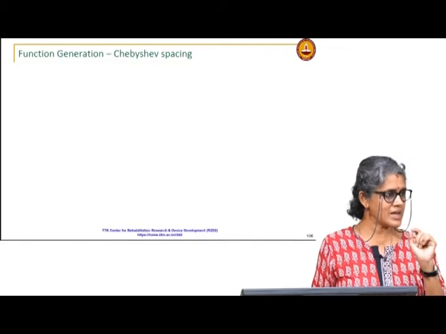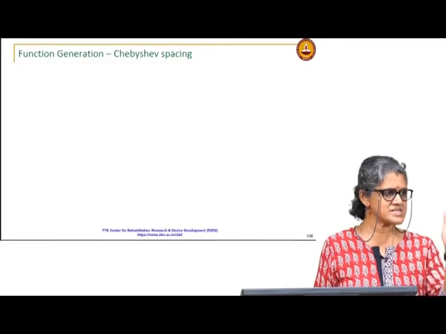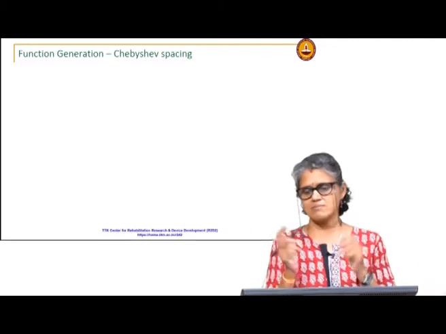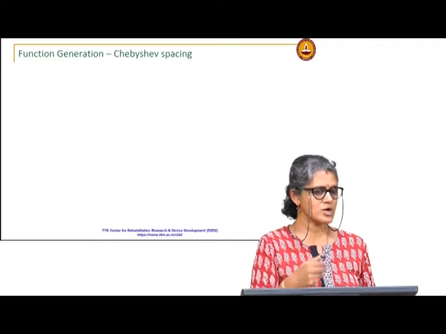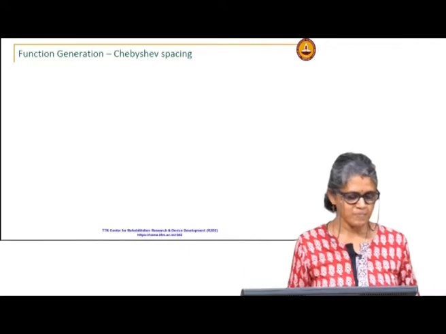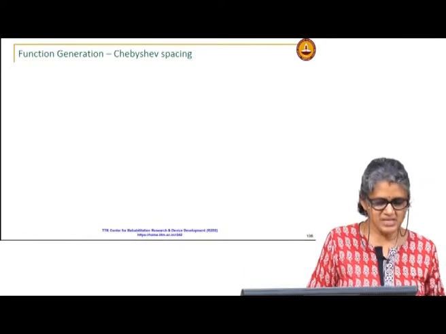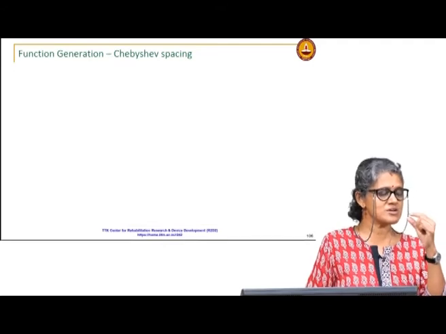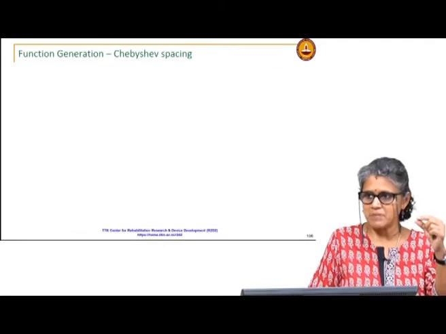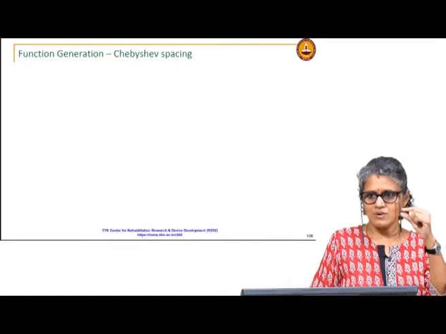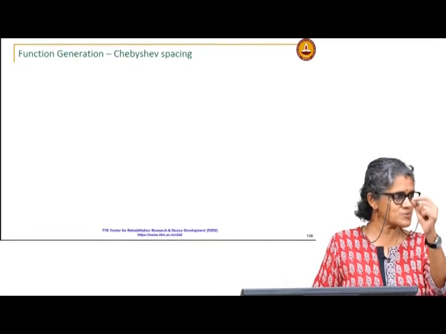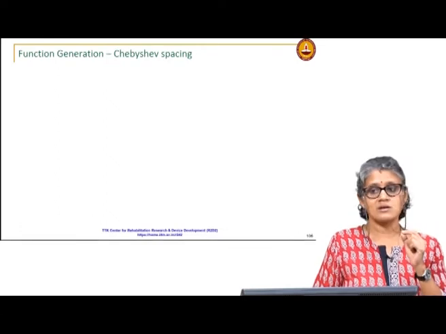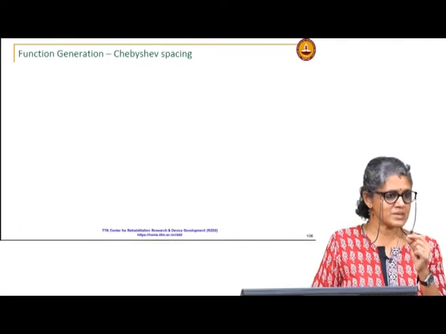In the case of path generation, your structural error may be defined differently. Function generation, it is easy. You have one algebraic quantity, the angles, so you can just do what we did now. In the case of path generation, you may actually have to define it as a vector between the desired path and the displacement vector between where you actually reach versus where you want it to be.